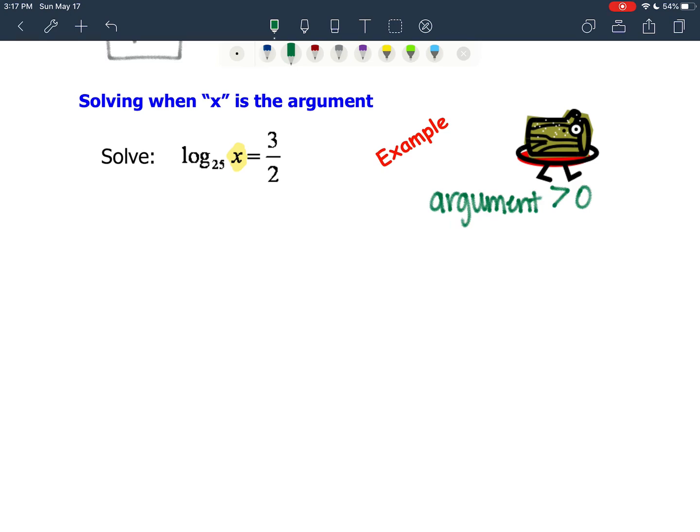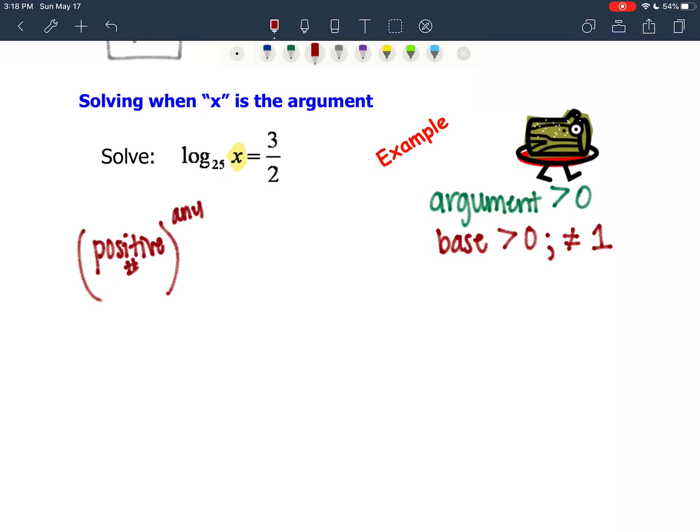And that's because the base, remember that the base is also positive, but not equal to 1. When you have that positive base, a positive base raised to any power, it's going to equal a positive number.